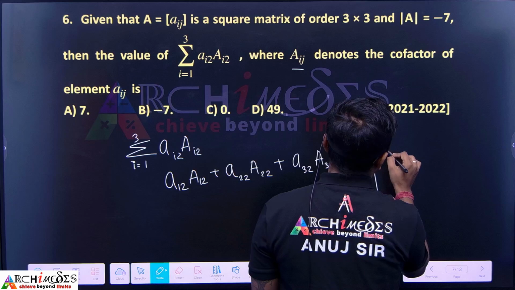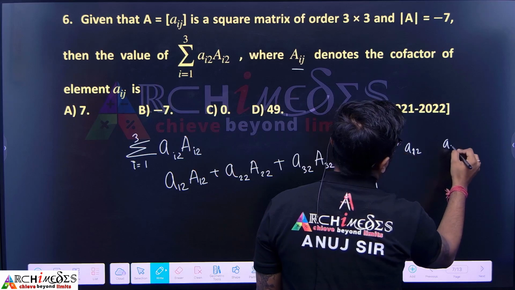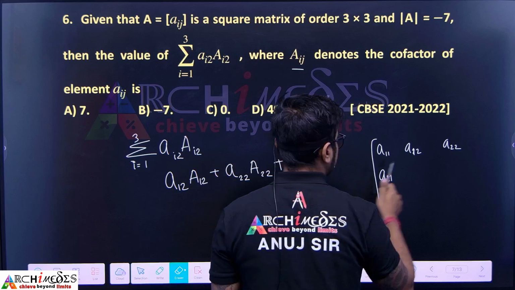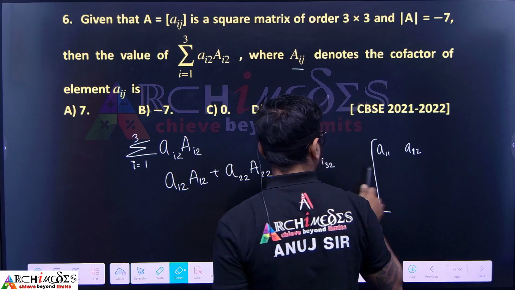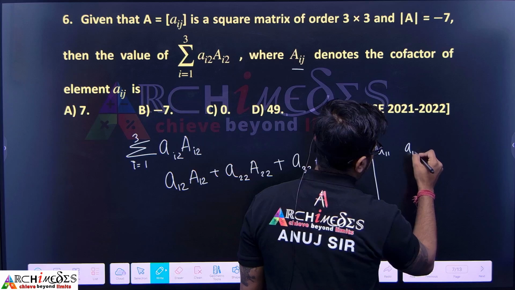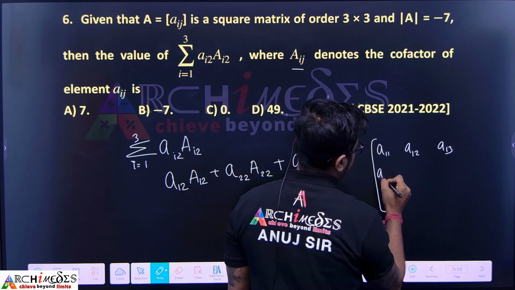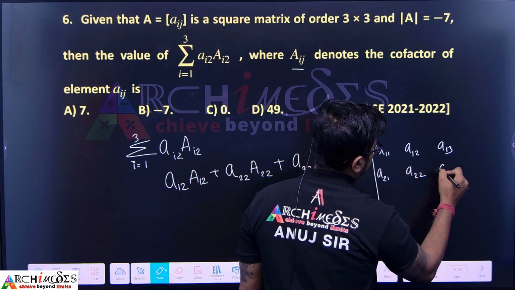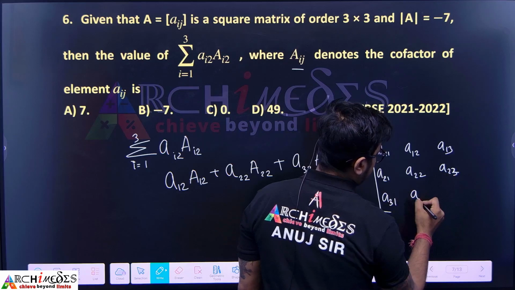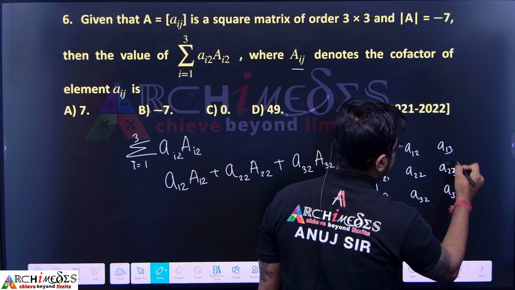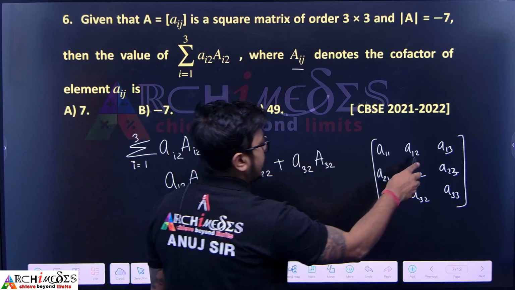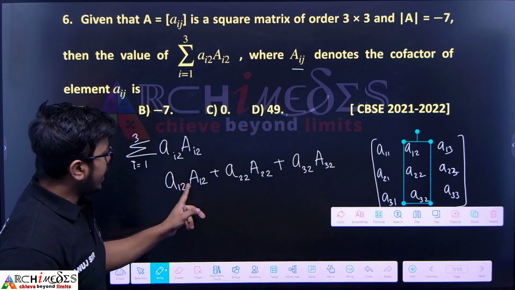We have A11, A12, A13, these are A21, A22, A23, and A31, A32, A33. Check which row or column they are taking. 1 2, 2 2, 3 2. That means they are taking this column and multiplying by the same one, yes or no?